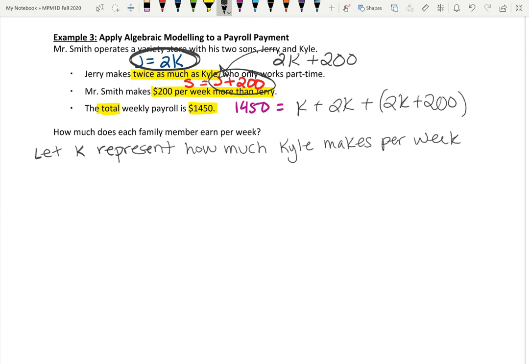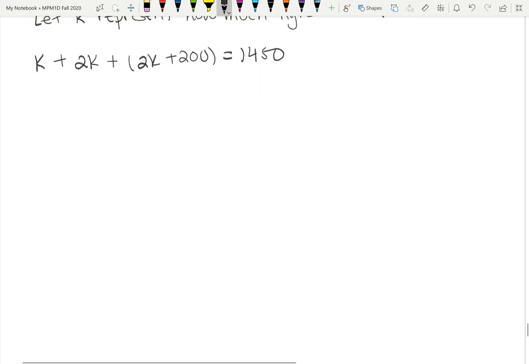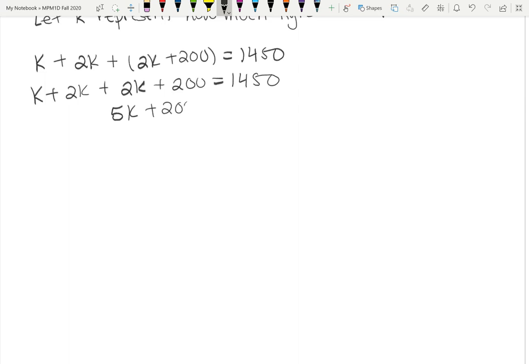So I'm going to write that down: Kyle plus Jerry plus Mr. Smith equals 1,450. Now I'm going to expand out of the brackets, then collect like terms on my left side, and then isolate my variable on the left side.